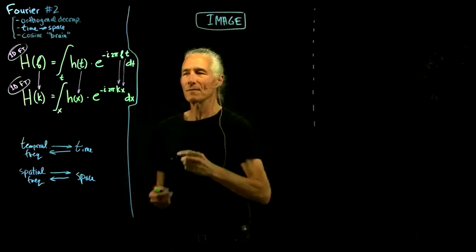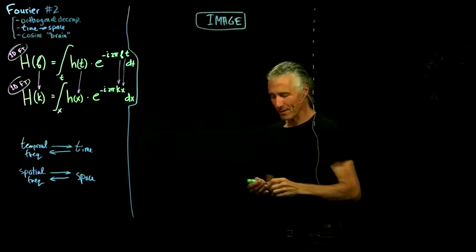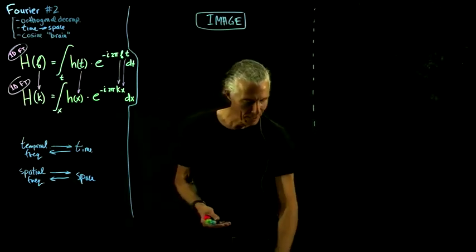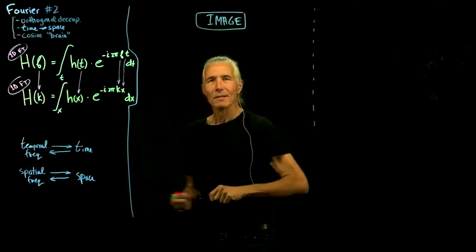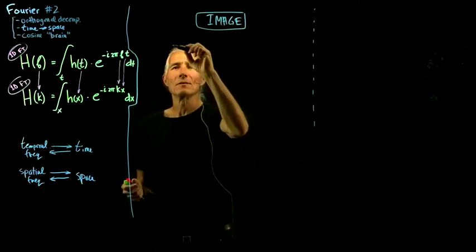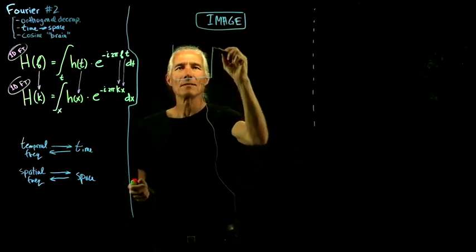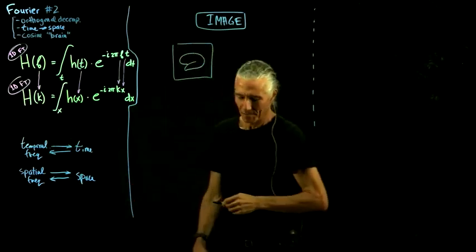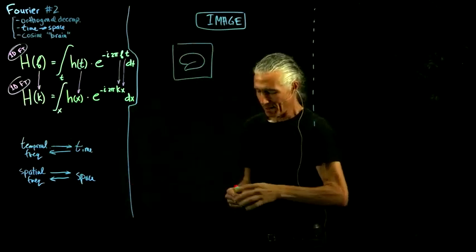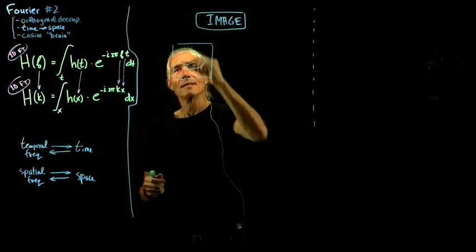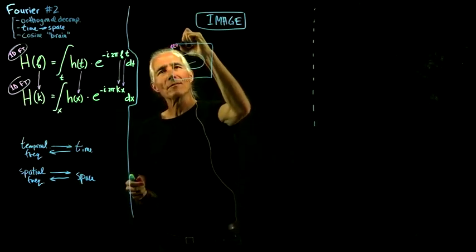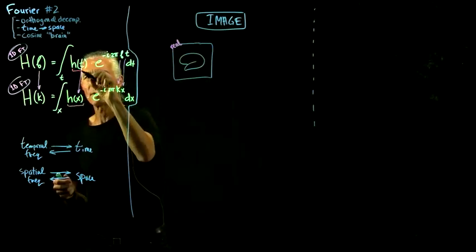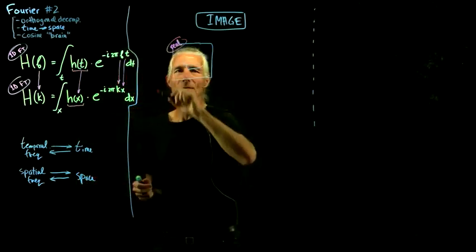And there are basically 5 different ways we can think of representing that image. Here's the image. Say it's like a brain. So what is this? This is the real value. Remember, these functions all have to be complex valued functions. So that's the real value.